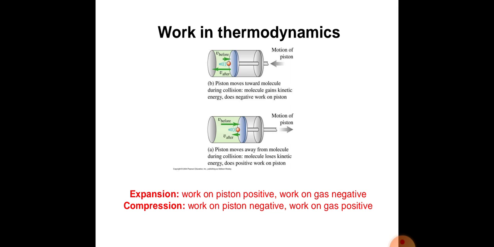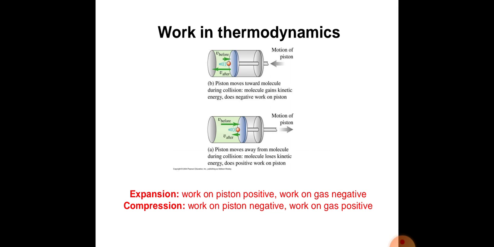During collision, the molecule loses kinetic energy. So the work done on the piston is positive, meaning the fuel supply comes into the cylinder and the piston moves towards the right as shown in the figure.